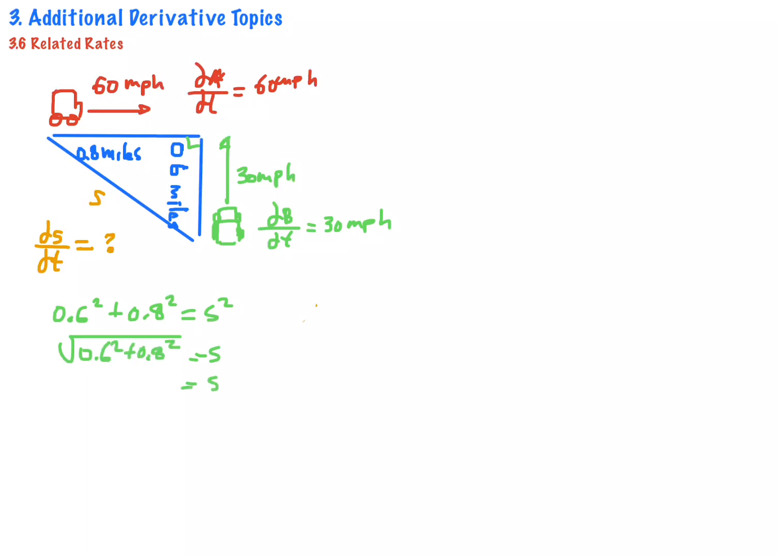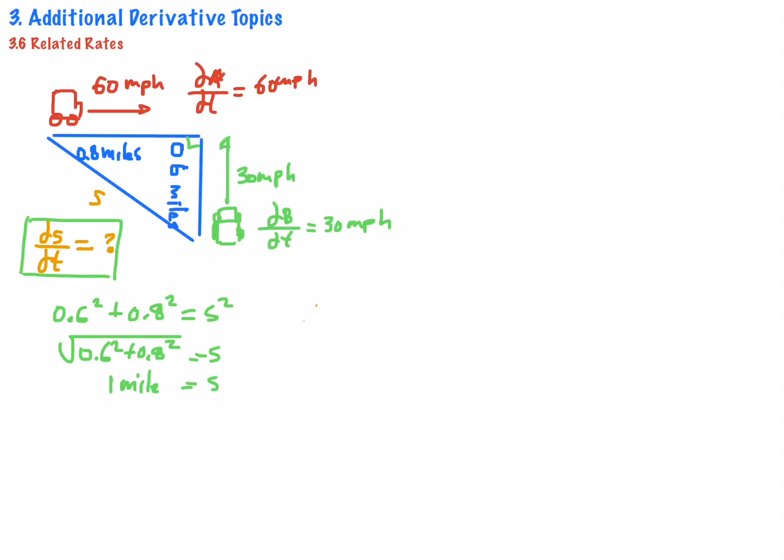We'll get s equal to 1 mile. Okay, so they are separated by 1 mile. Now the question is, what is the rate of change of their distance over time?